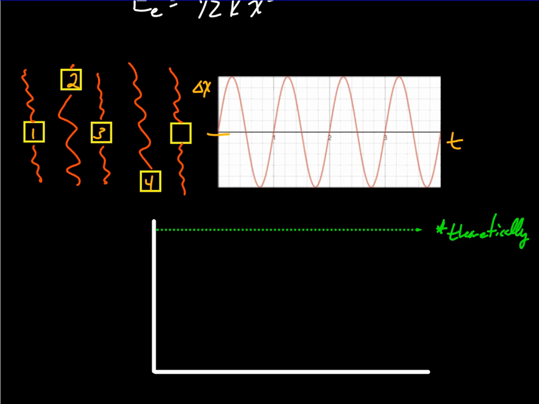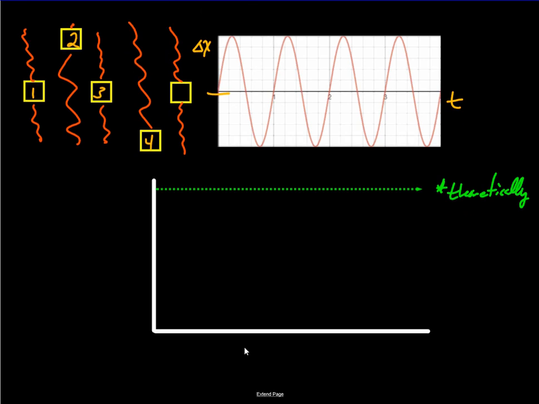So let's just look at our first 4 seconds. Yeah, I guess we'll have to look at 4 seconds. So I better make this a bit bigger. Stretch this out a little bit more.